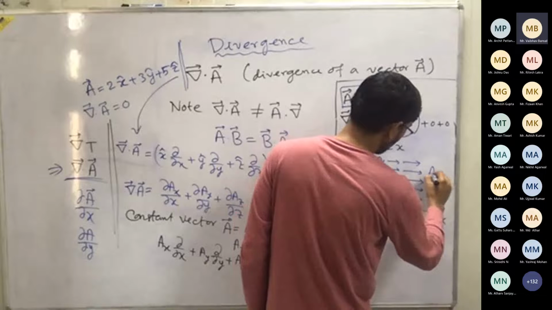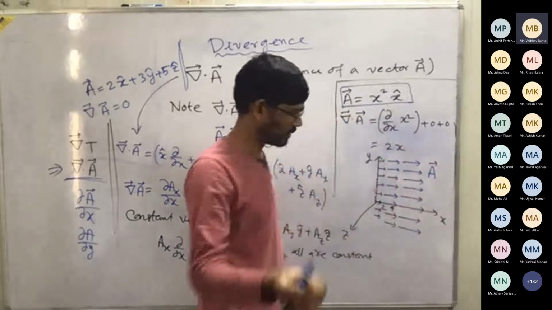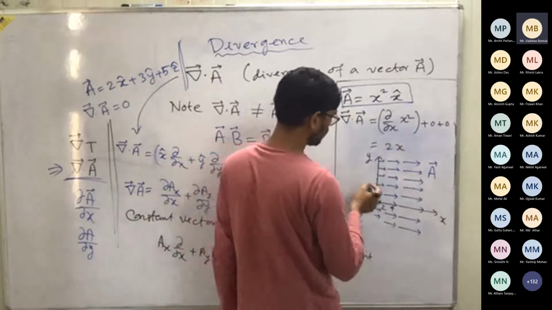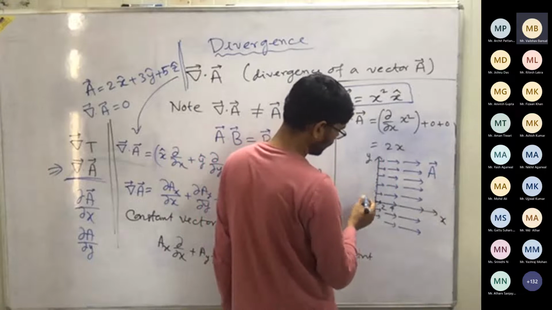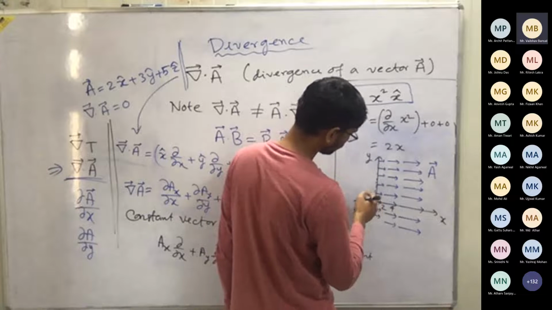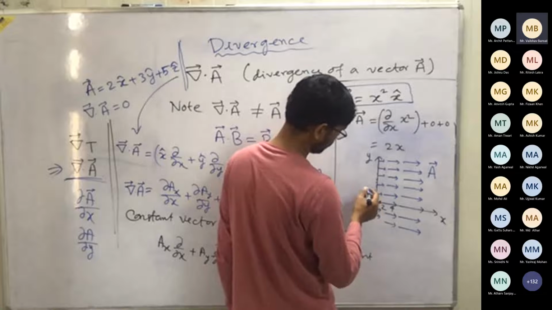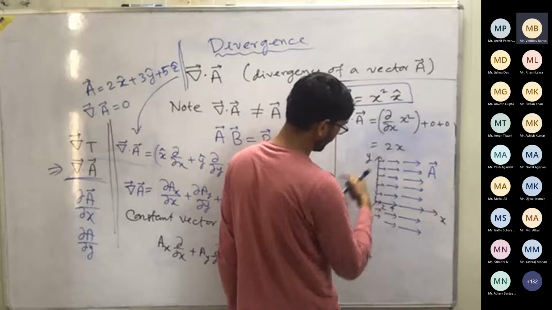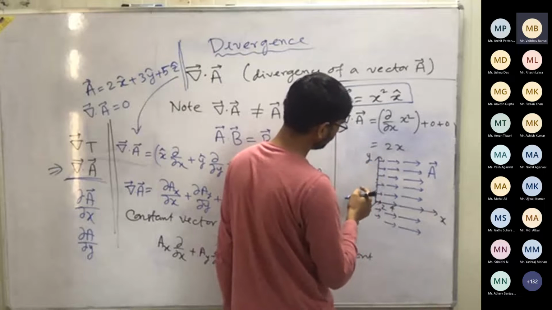The vector A, this one I was plotting. On this other side, when x is negative, it will have a value.